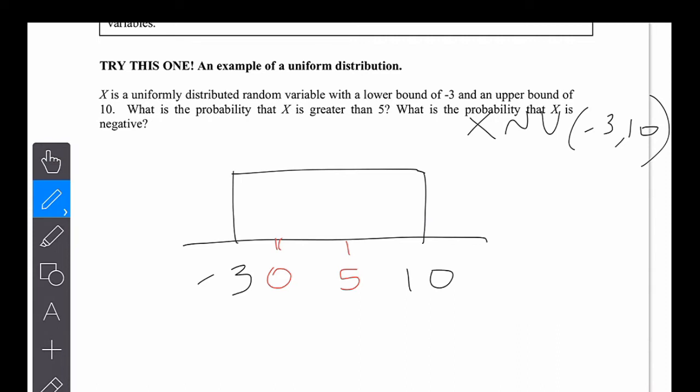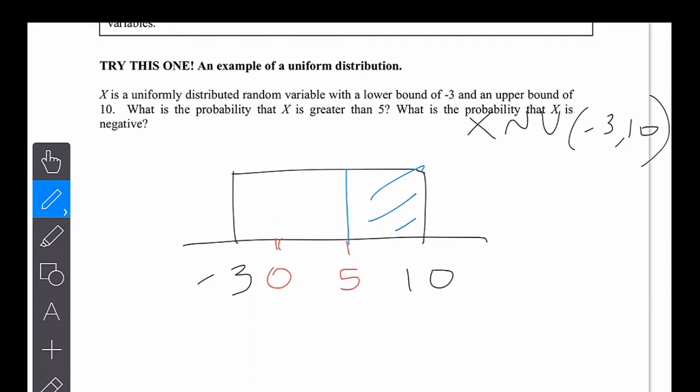What I want is the probability that x is greater than 5, where x is uniform. And then I also want, what is the probability that x is negative? Anything over here is negative. But let's do them each one at a time. Let's do this one first.